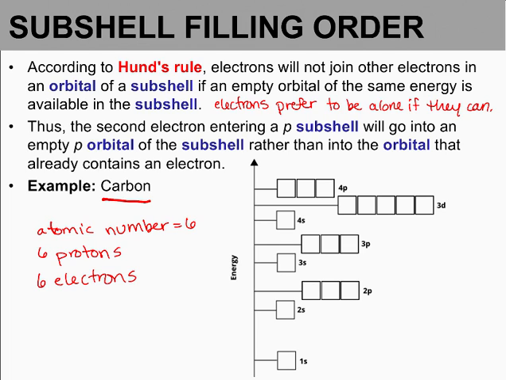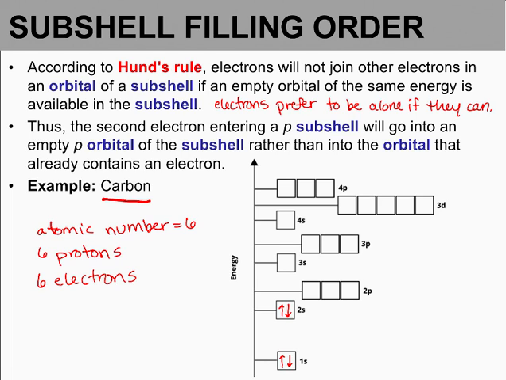We're going to start at the bottom of this energy diagram. We're going to fill in the 1s orbital with 2 electrons. We've got an up arrow and a down arrow. And remember that each orbital can only hold 2 electrons or less. So we've used up 2 electrons, so the next 2 electrons will go into the 2s orbital.